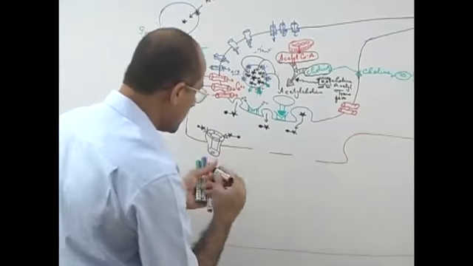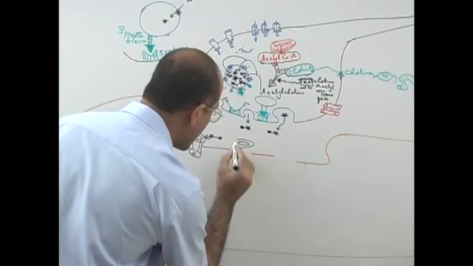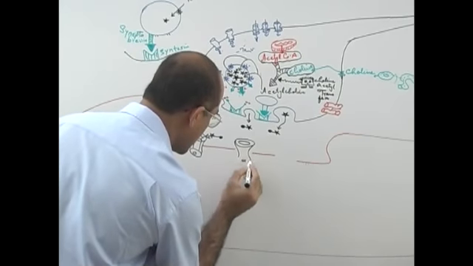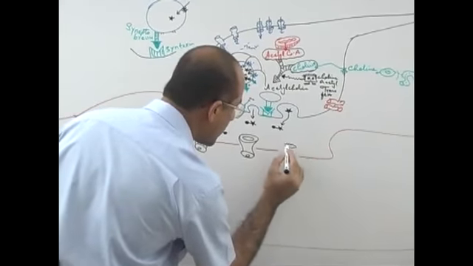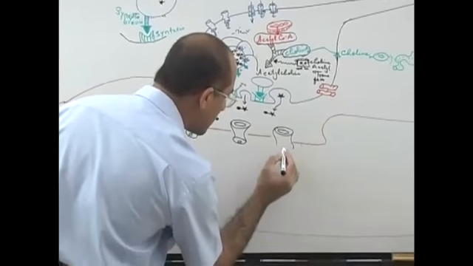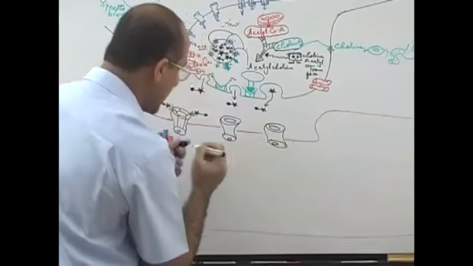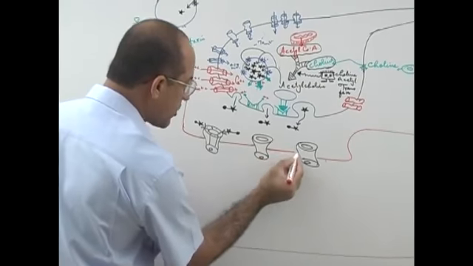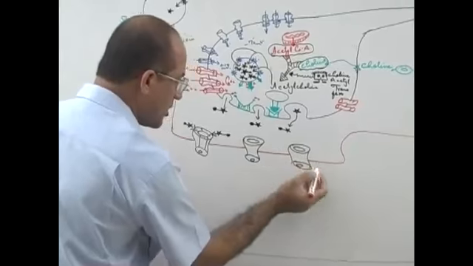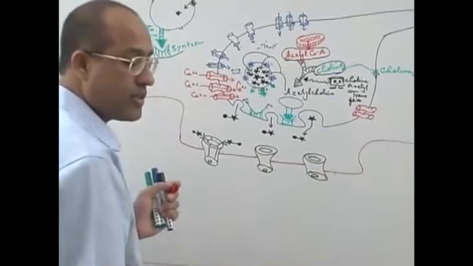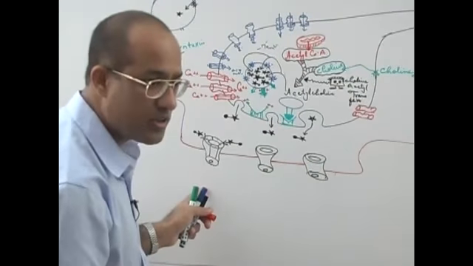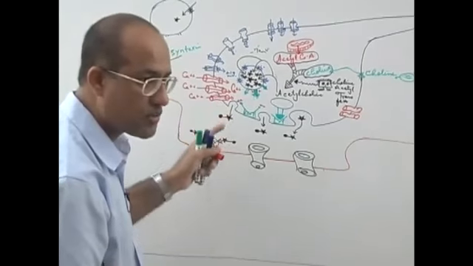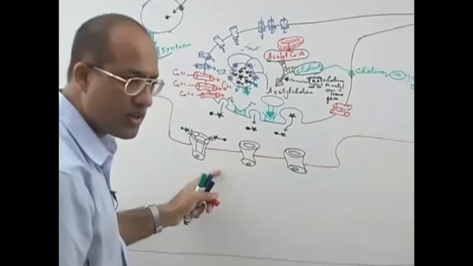Let's suppose I show three of these channels here. What are these channels? These channels are primarily acetylcholine receptors. These are expressed on the muscle end plate, at the postsynaptic junction of the neuromuscular junction.